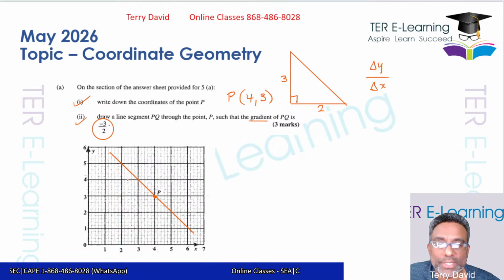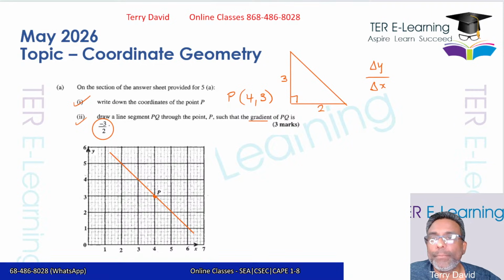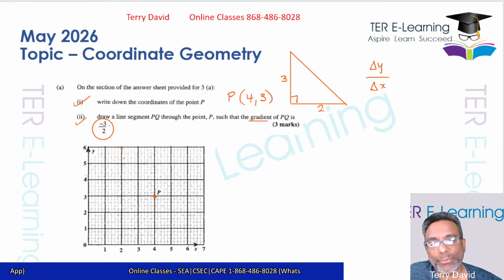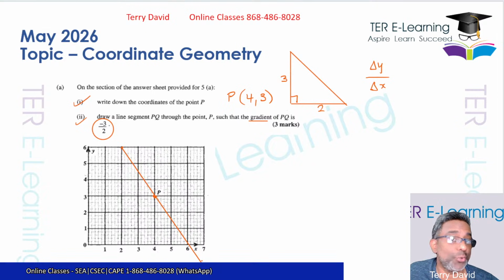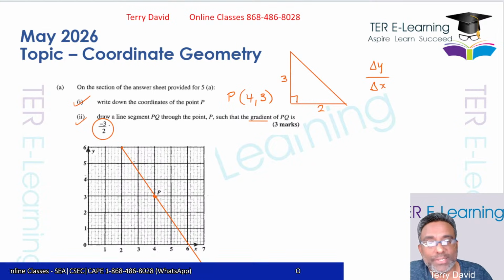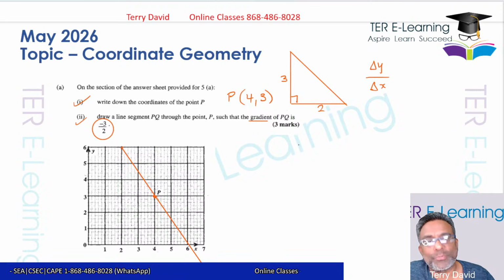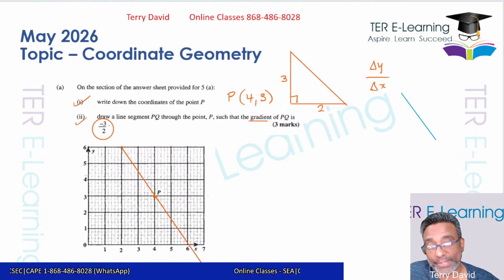Okay, so let's just check something here. All right, so if you want to get -3/2, this is 2 here, we're going up 3. It means that the line we're looking for has to go this way. This is the line PQ that we're talking about. I already know it has a negative slope, so the graph has to be sloping this way.